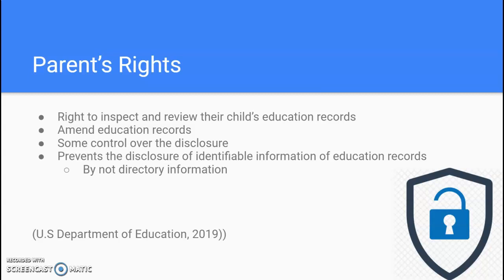If there are any corrections that need to be made, they have the right to amend the records. They do have some control over the disclosure of the education records, and they can prevent disclosure of any personally identifiable information of education records. This, however, does not mean directory information.